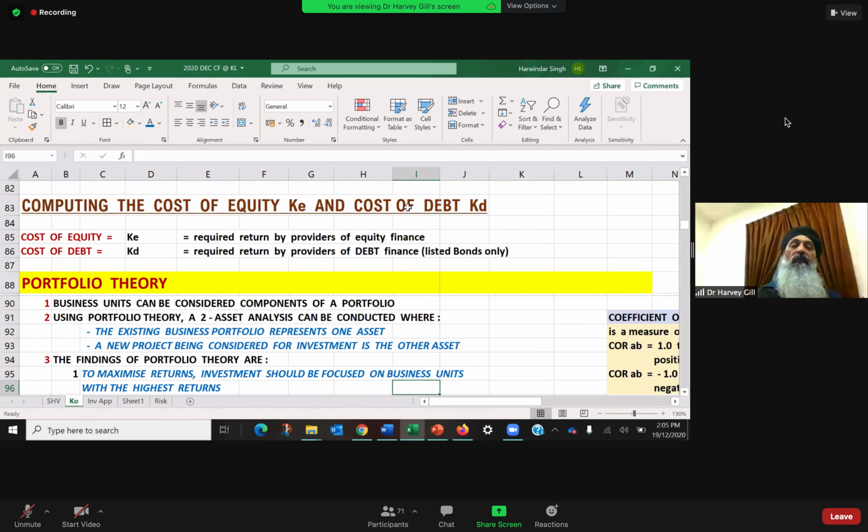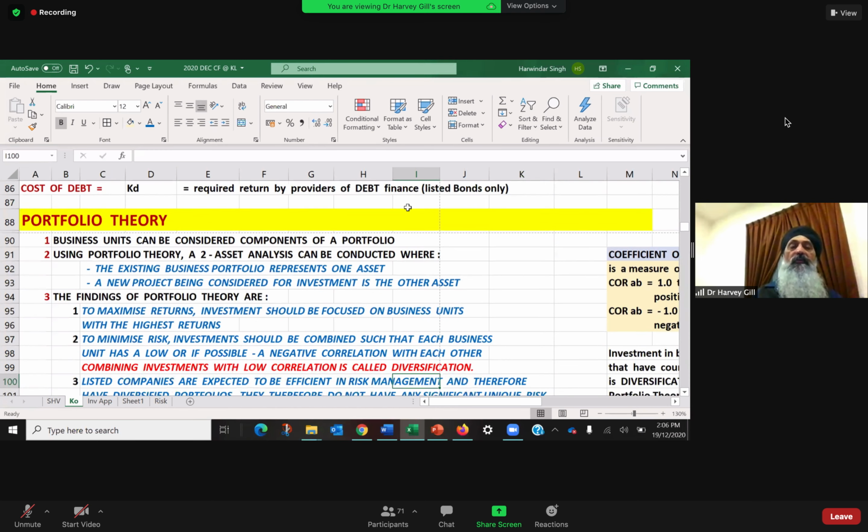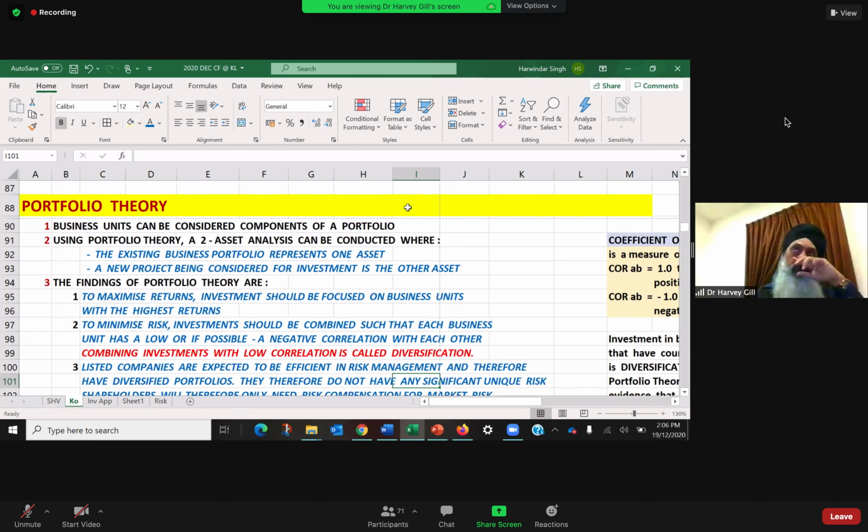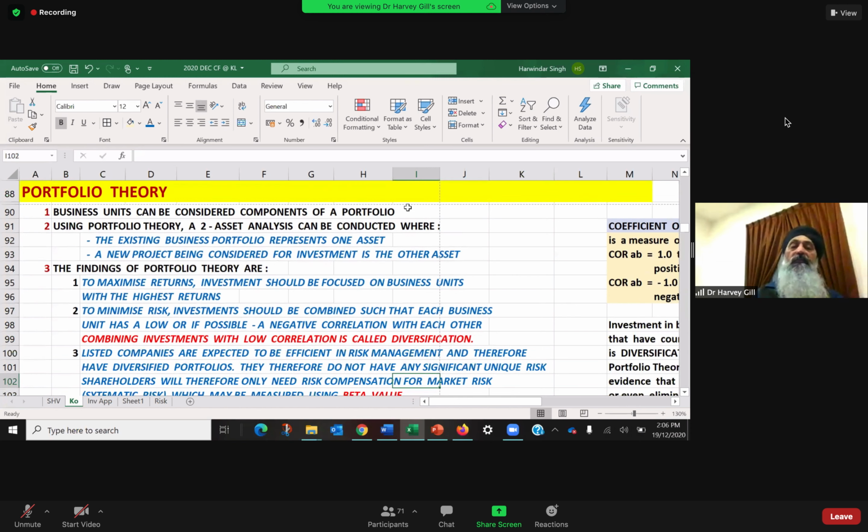So to give you a background on cost of equity, well, we have a theory called portfolio theory. Now, portfolio theory suggested that when you are thinking of new investments to include in your business portfolio, you must not just consider the individual risk and individual returns from that new investment.